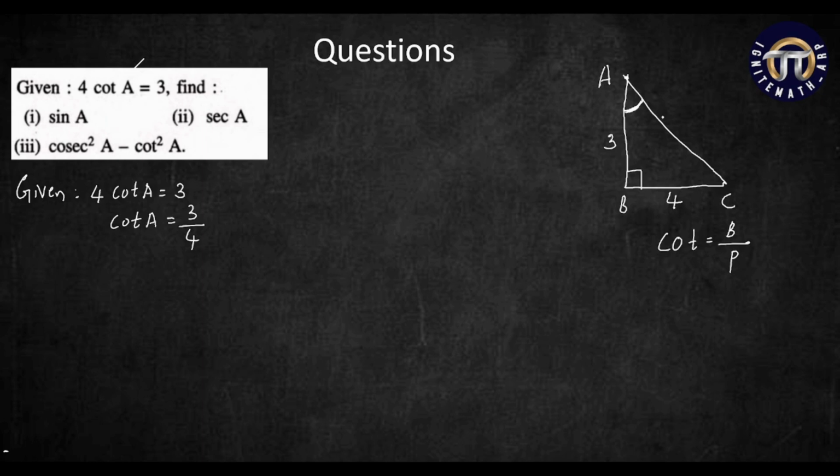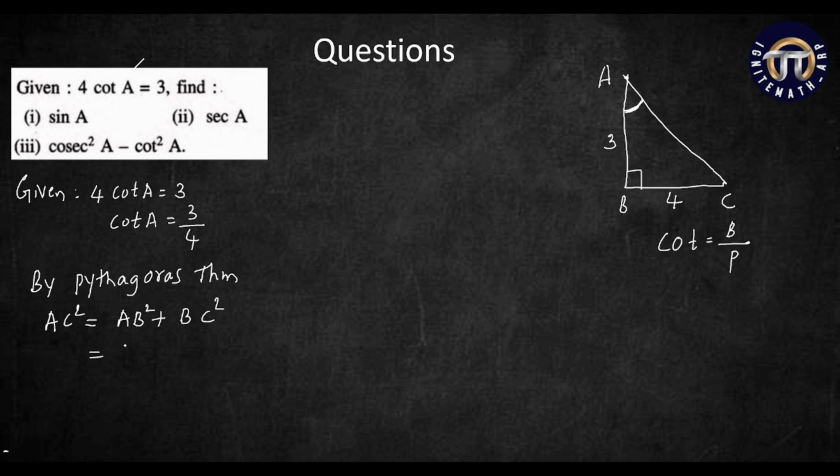Right. So now what is AC here? AC is the hypotenuse. By Pythagoras theorem, the square of the hypotenuse is equal to the sum of the squares of the other two sides.